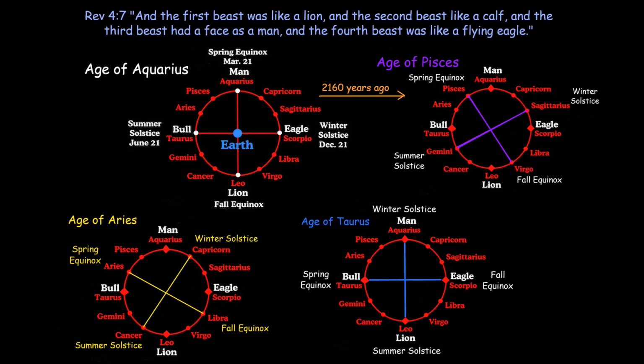John tells us that the 4 beasts were the lion, Leo, the calf or Taurus, one with the face as a man, which is Aquarius, and one that was like a flying eagle, which is also known as Scorpio. These were also the same 4 beasts that occupied the 4 corners during the age of Taurus.